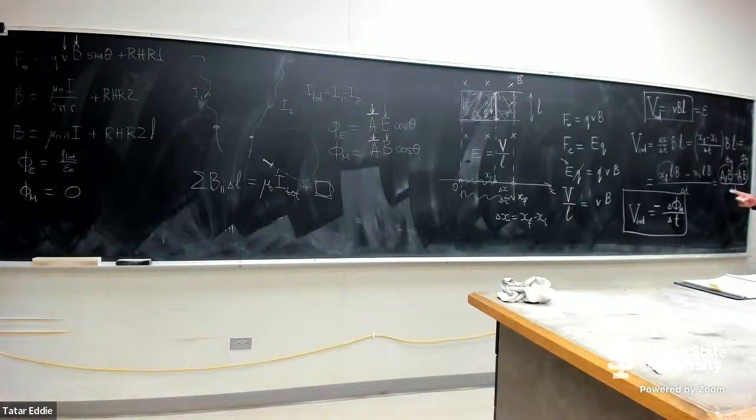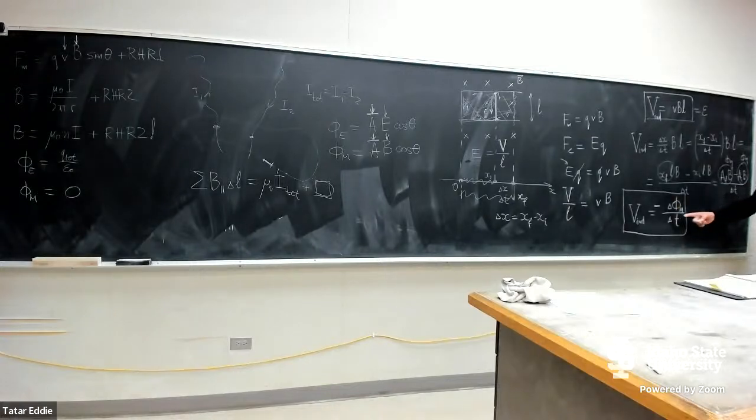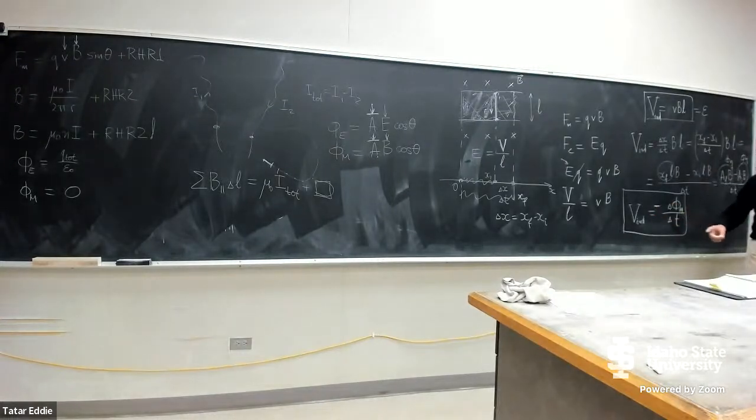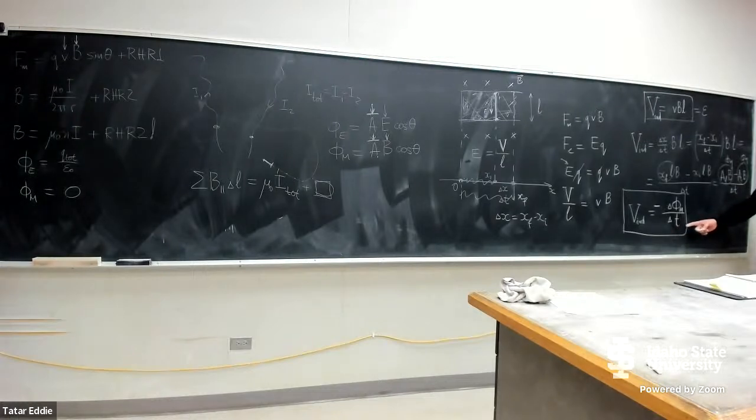Now, the way we have this expression here, this expression says that induced voltage is equal to the rate of change of magnetic flux through the area defined by your moving coil or piece of wire, or relative motion is what is needed actually.